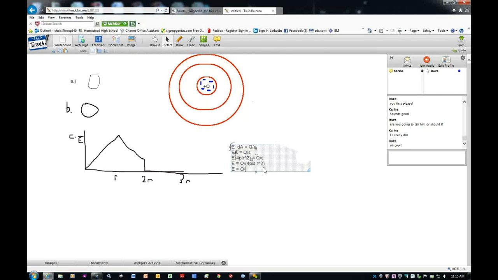So Q divided by 4 pi epsilon naught, and I'm not sure how you guys got that E in there, and that's totally cool, times epsilon naught times r squared. But then we have to multiply by a proportionality. So my question to you is, what will be that proportionality?